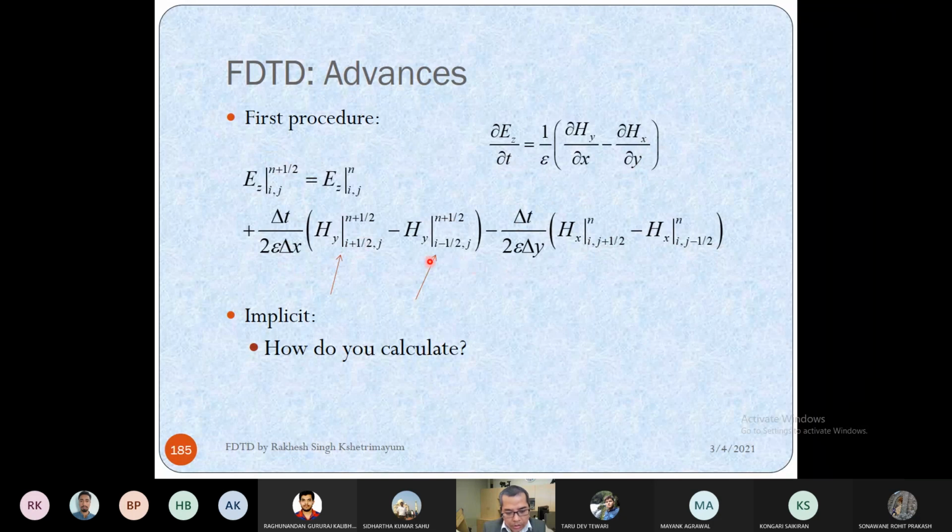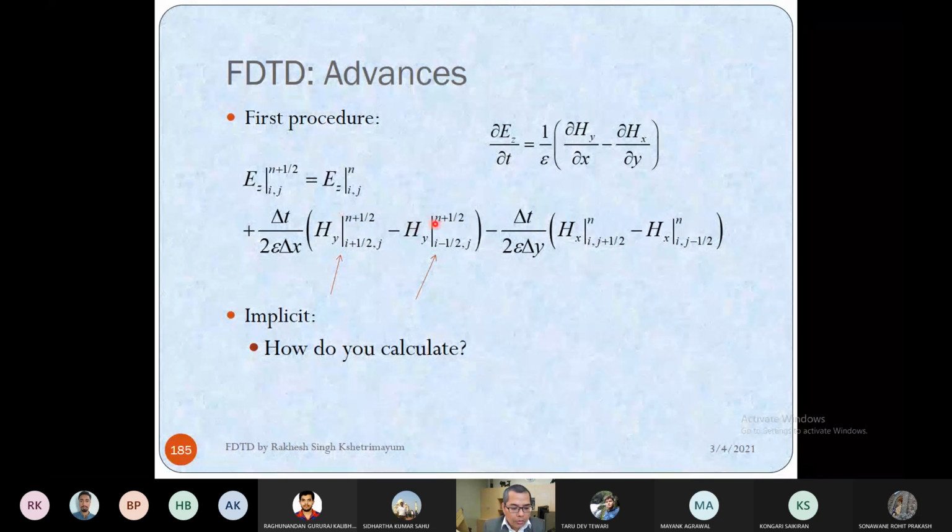In implicit FDTD, on the left side and the right side you have the same time index for the electric field and magnetic field. So here you are calculating the electric field at n plus half, and here also you are calculating the magnetic field at n plus half. So this is implicit FDTD. You do not know the n plus half value of the magnetic field at that same time instant.